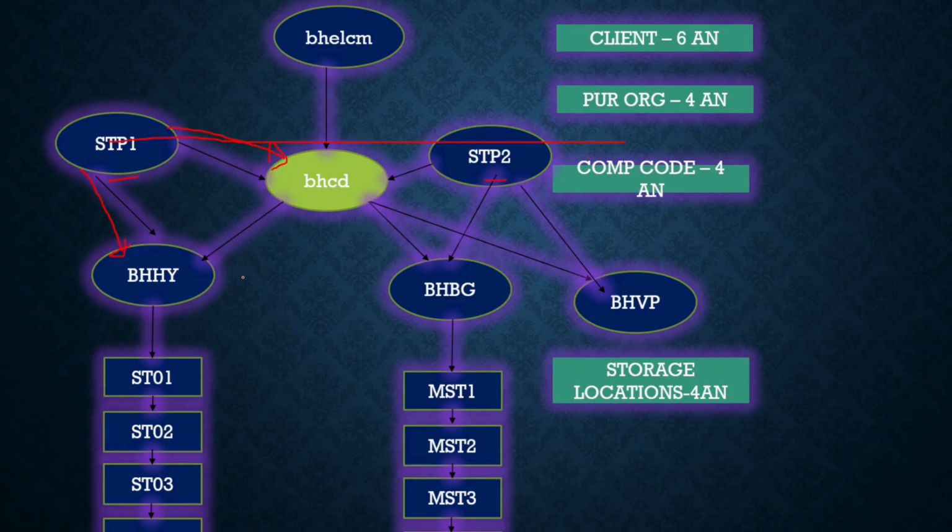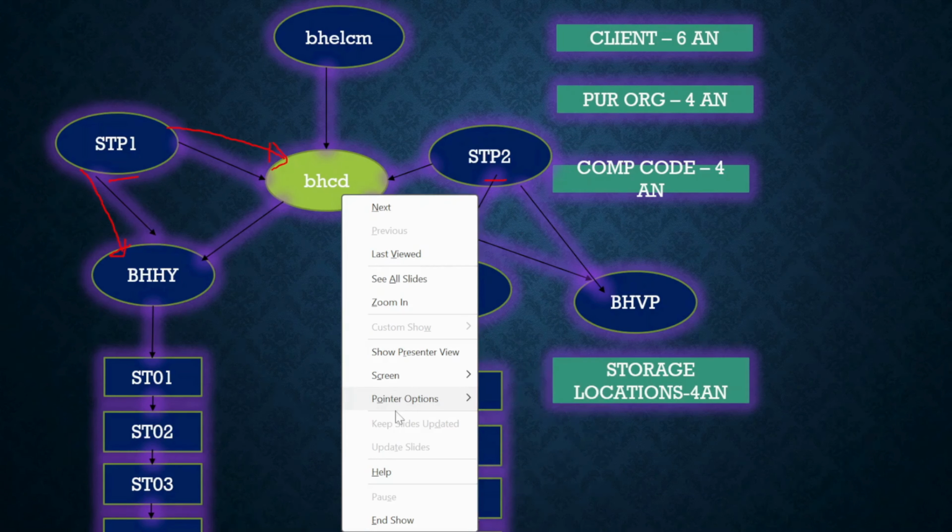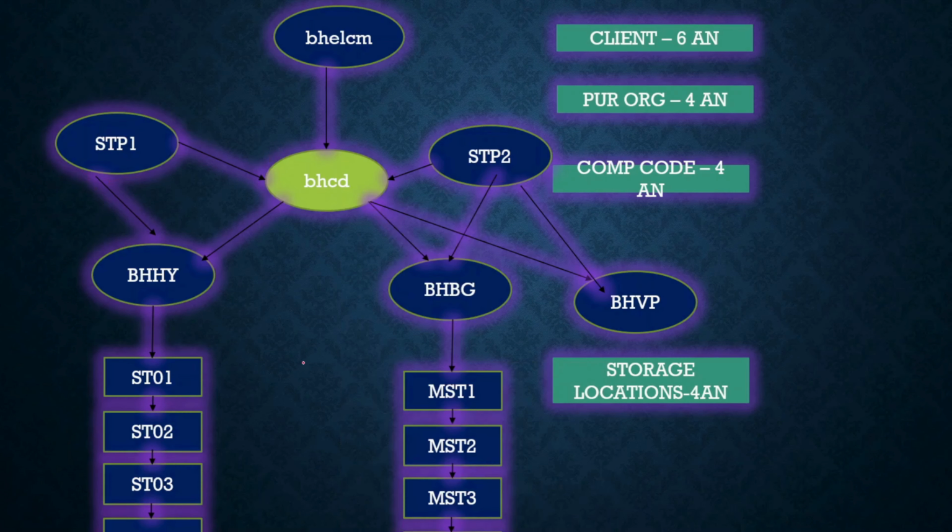Just take this example simply. So this purchase organization you can see with the arrows, arrows are used for assignment, okay? So this purchase organization is assigned with this plant and you can see this arrow, and at the same time this is also assigned with this plant.